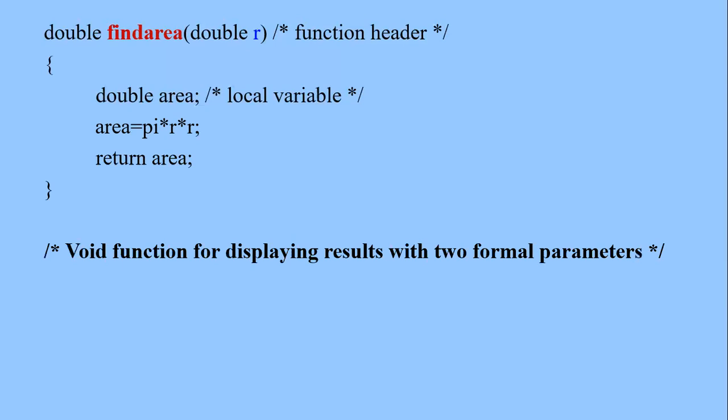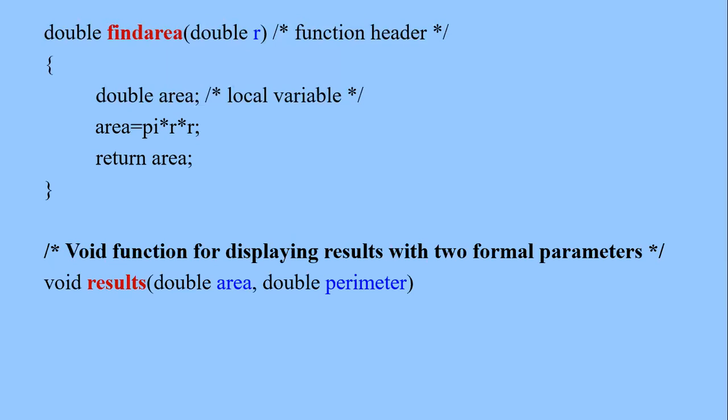And then we have a void function for displaying results with two formal parameters. So this function here is a void function. It does not return any value, but it is receiving two values. The function is called results.